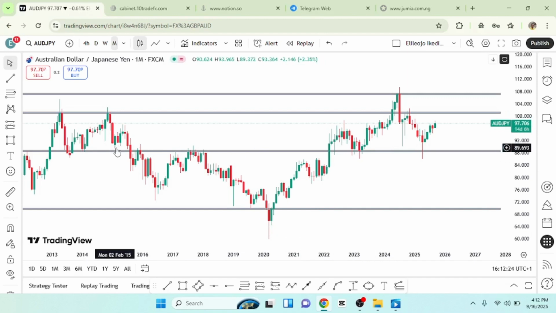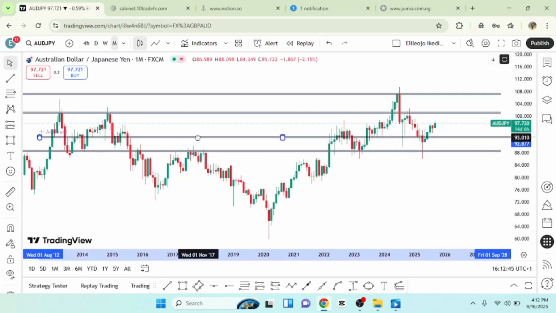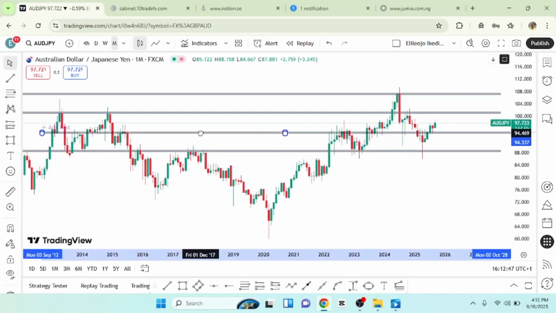Price got here, bounced up, and then it started moving up, could not break above this level, and then bounced again. When price bounced up from this support level, it started moving up, could not break above this level, and started going down again. So instead of putting this level here, I'll be moving this one all the way up here.